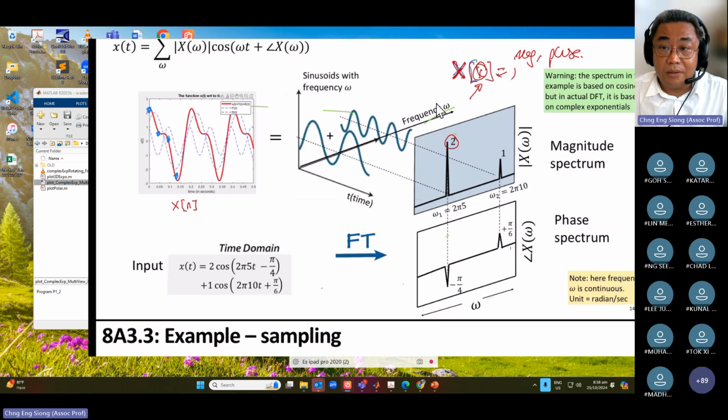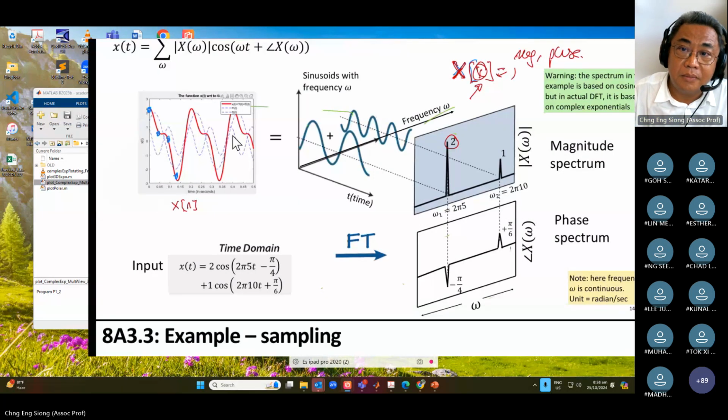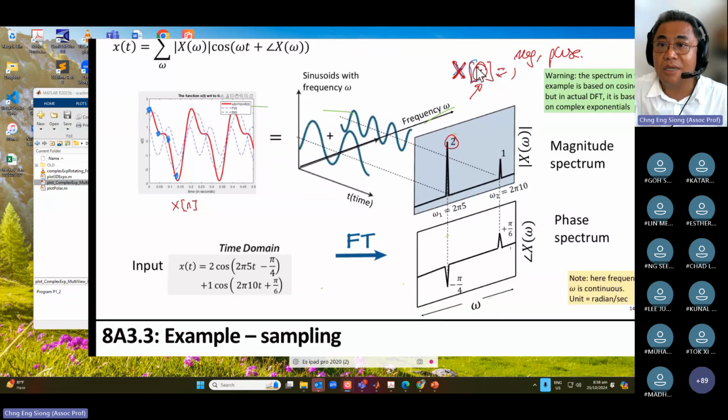So let's go and see. You realize that the output of FFT is a vector of n elements, and its position tells us the frequency.